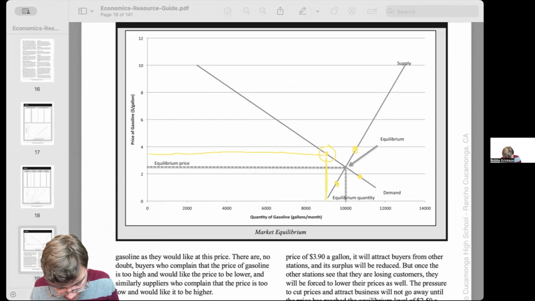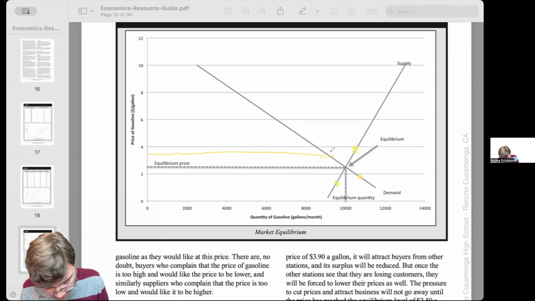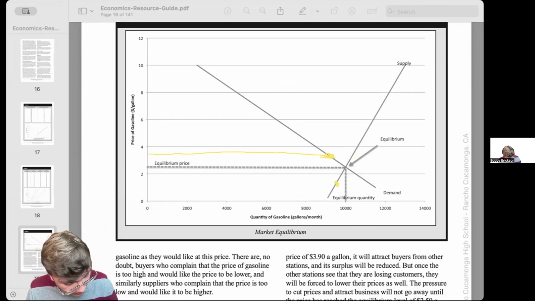But, or you are willing to buy gas at a higher price. So you are not just willing to buy it at this quantity, you're willing to buy it at this price right here. So right here and right here, well, that's not a good example. We're going to go ahead and just look at these 2 points.